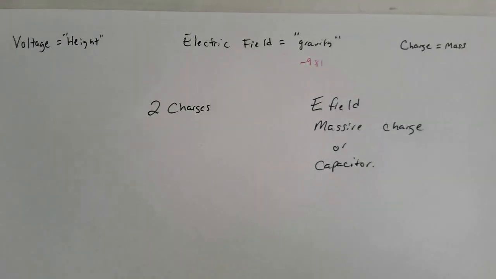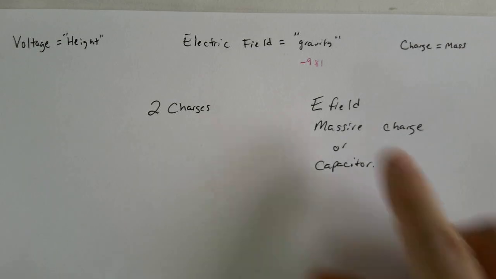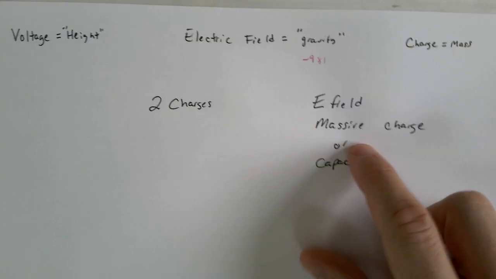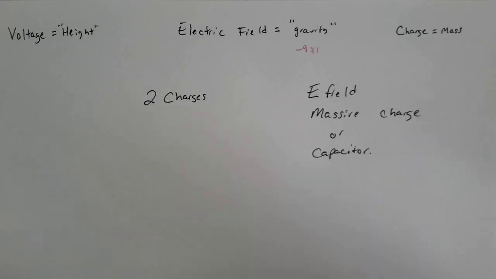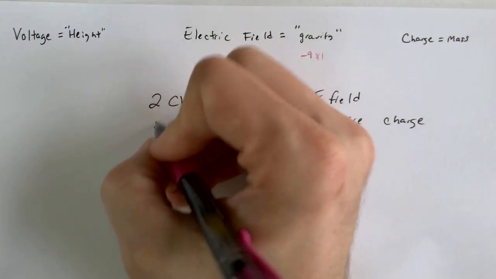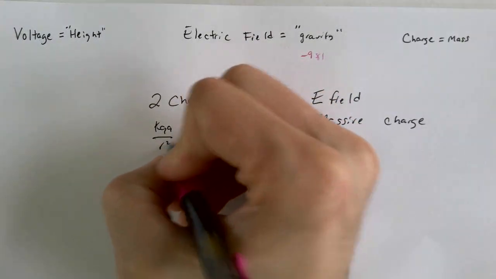So on Earth, technically you and Earth are both creating a gravitational field of interaction. But it really doesn't matter because Earth is so big. So that would be a scenario where you have a massive charge and you would deal with different formulas. If you have two charges, that's when you're going to use kQq over r squared and things like that.